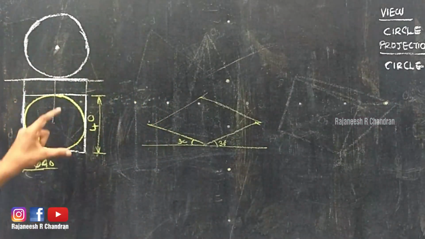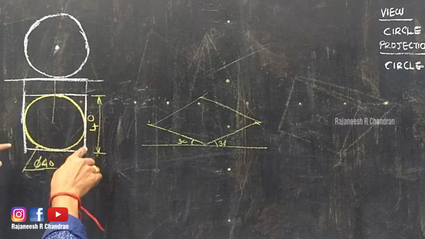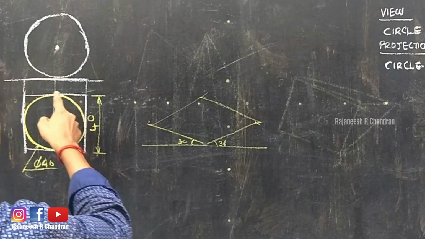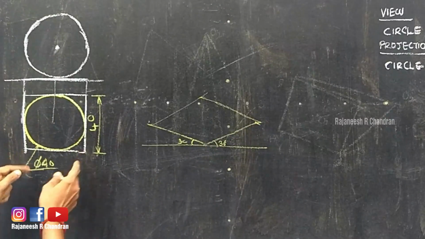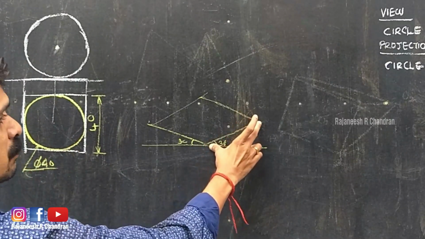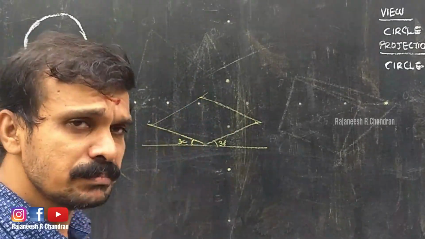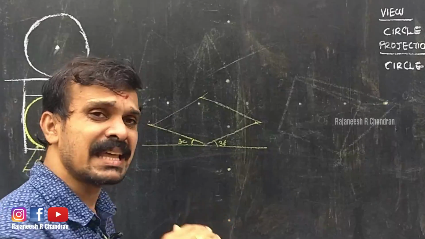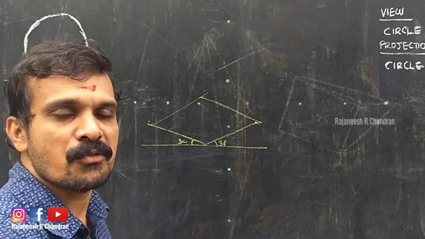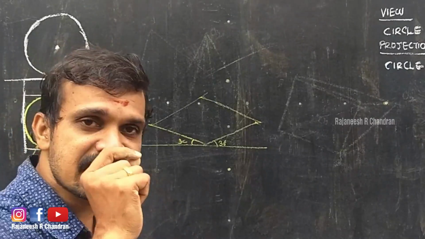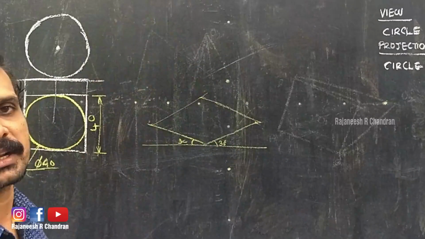Listen, this is 40 and the diameter of the sphere is also 40. So first we have to draw the isometric of this square. So take 40, this will be 40, this will be 40. Now we have completed the square lamina. The next step is to determine the center position of the circle which will be the isometric view.